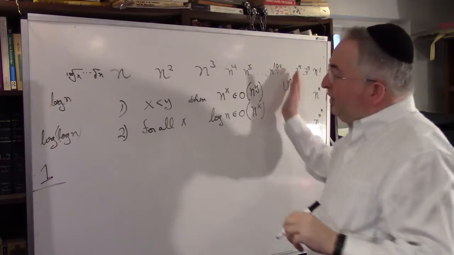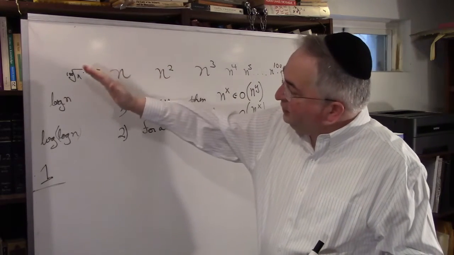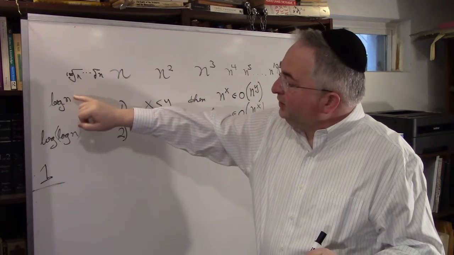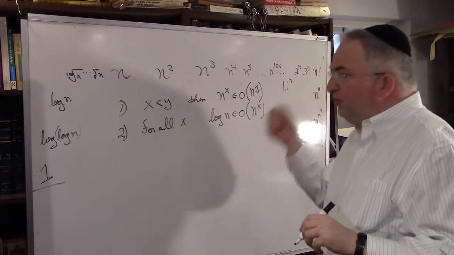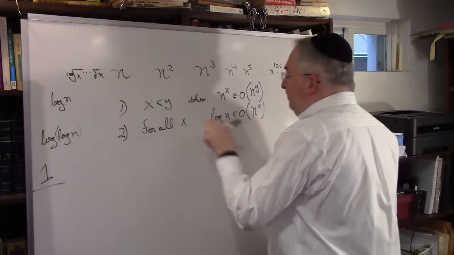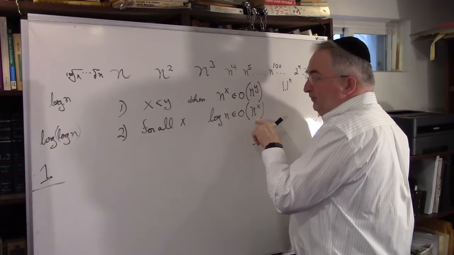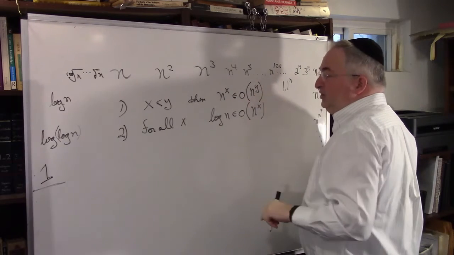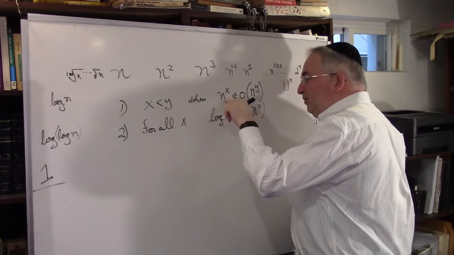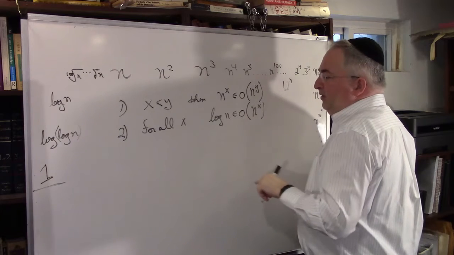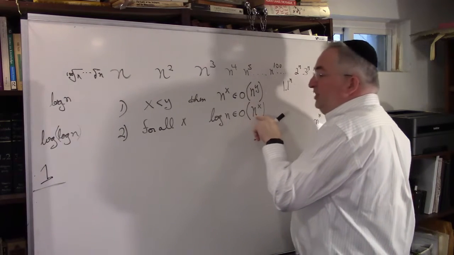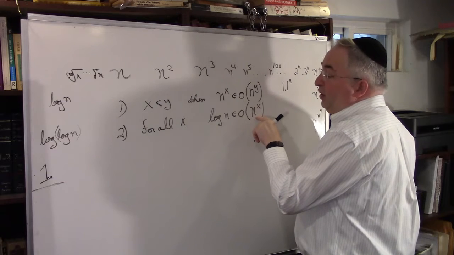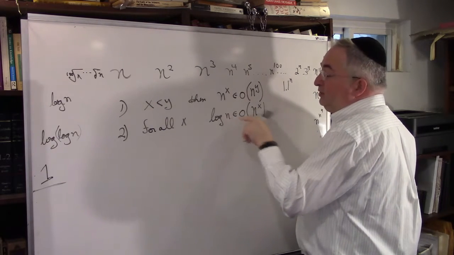In other words, as far as you go, this can be 100th root, that's n to the 1 over 100, but this guy is always smaller. Logarithms always grow smaller than any polynomials, okay? So larger polynomials sit inside smaller polynomials sit inside larger polynomials, and logarithms sit inside all polynomials, any polynomial whatsoever. So even if x is 1 over 100, still this grows smaller.